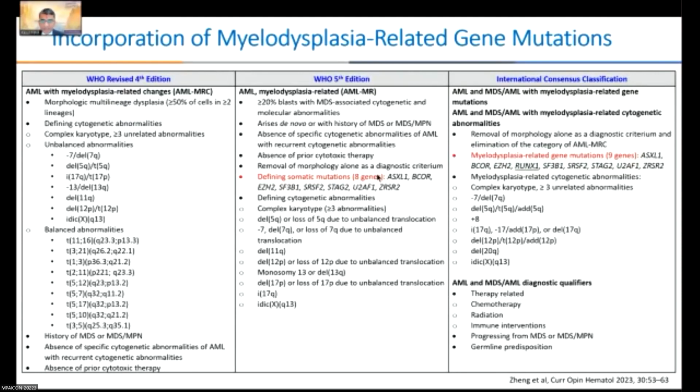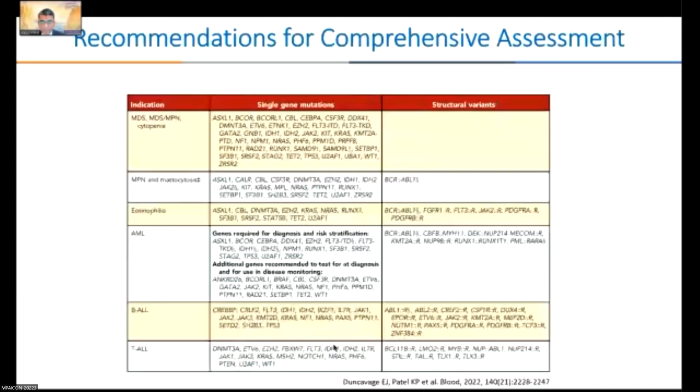So this is again highlighting that in any given type of AML workup, in an appropriate clinical pathologic background, understanding and interrogation of these different gene mutations would be very important for a complete workup. This is a table highlighting the recommendations. For the WHO classification, 2 papers were published in support of the primary classification, providing some more helpful insights and some recommendations for what types of genes and what structural variants should be included.